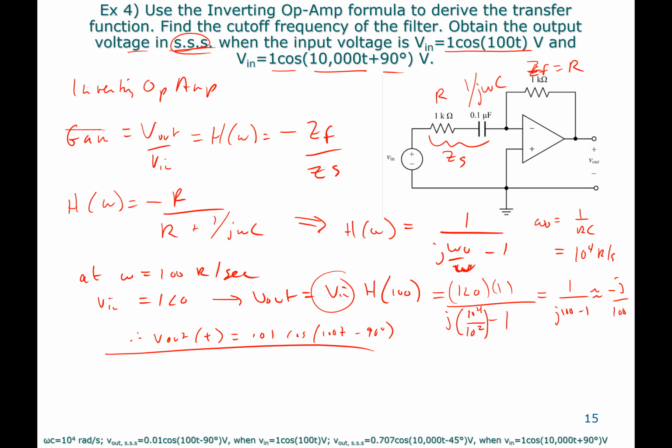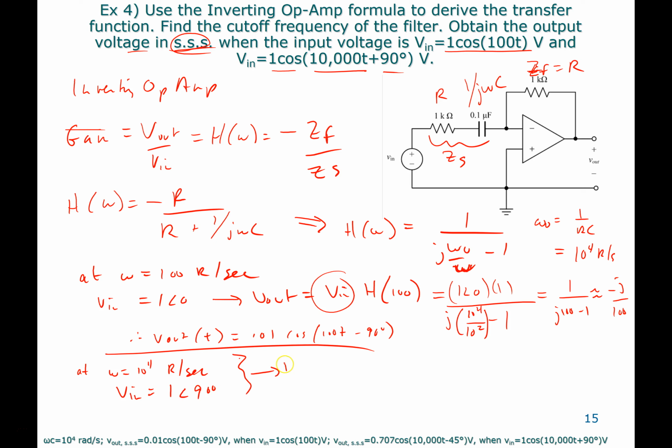And then if you do that at 10 to the 4 radians per second, your V in, by the way, is 1 angle 90 degrees.